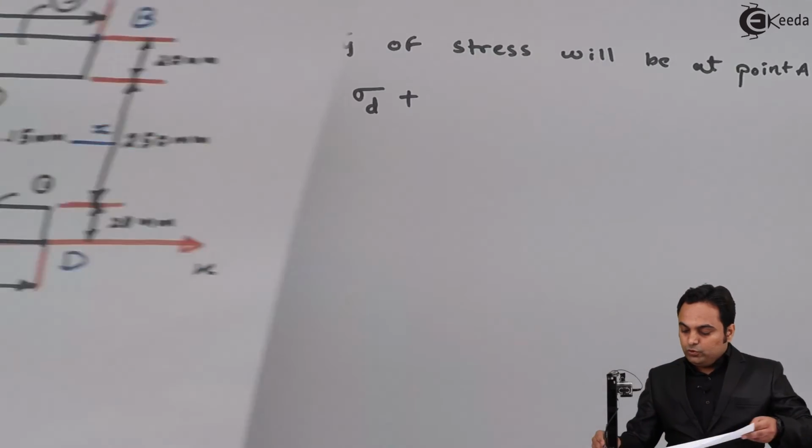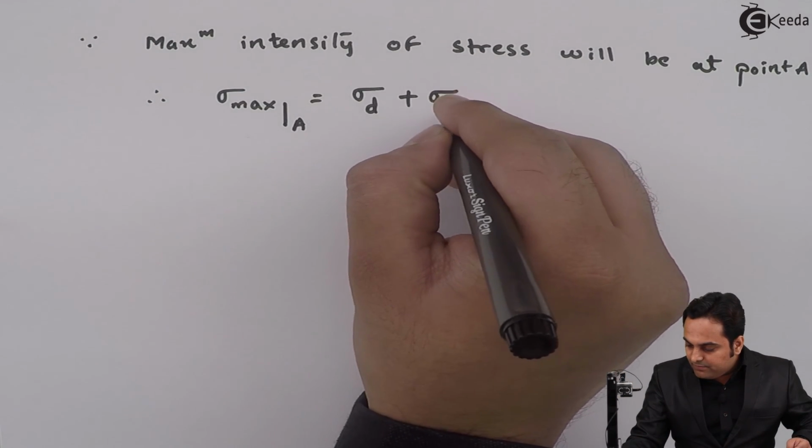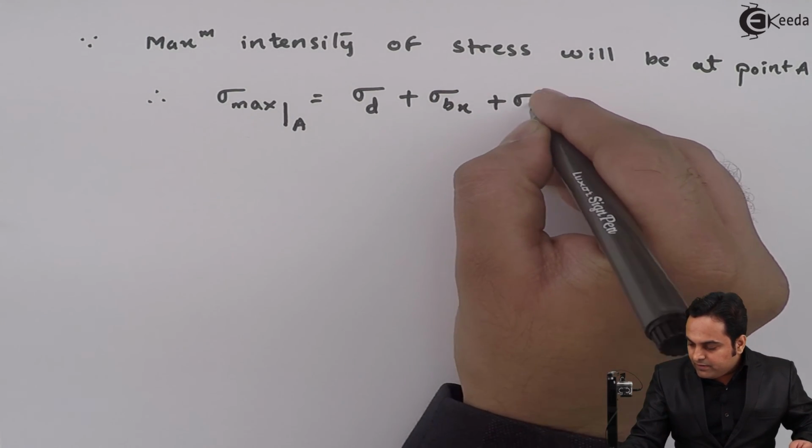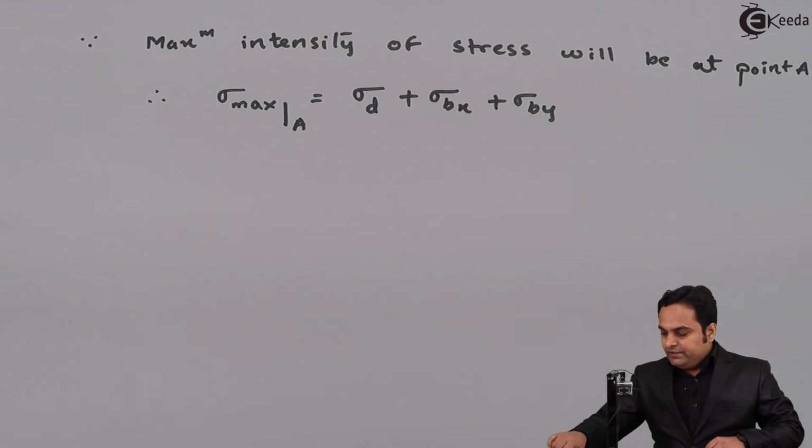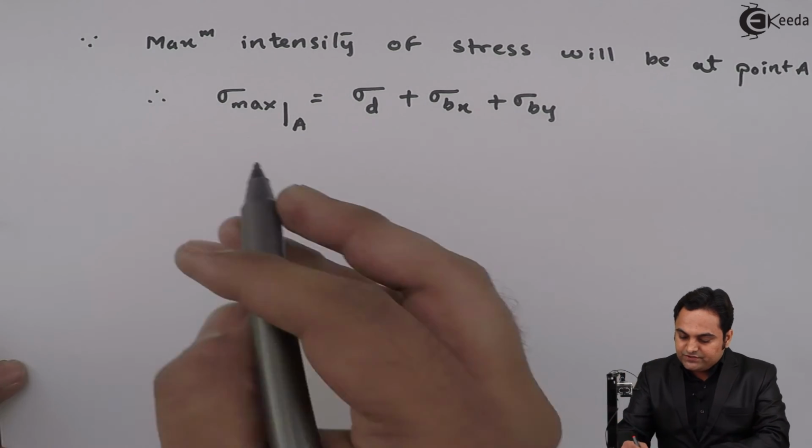So we have to add sigma bx and sigma by, because all these stresses are acting at point A, that is the addition of all the stresses.